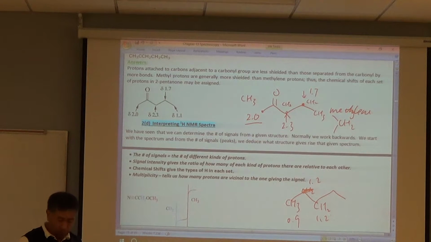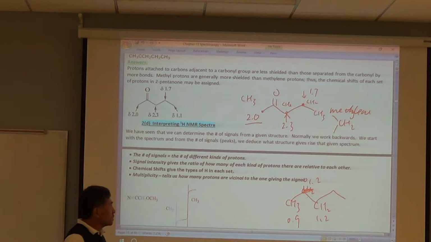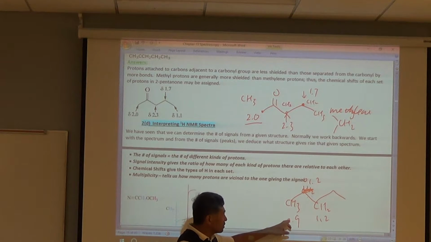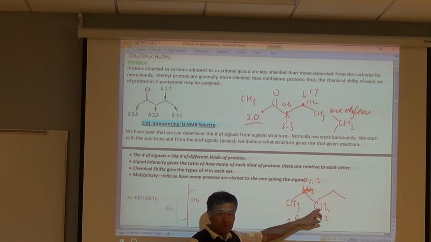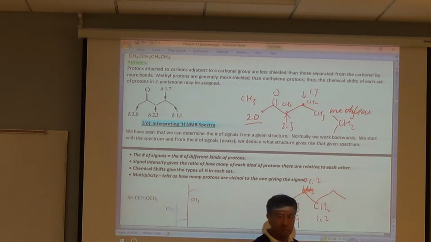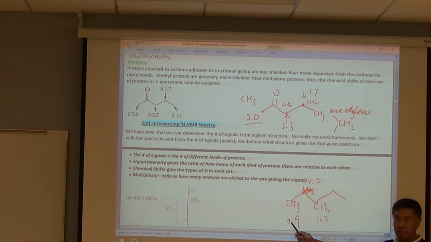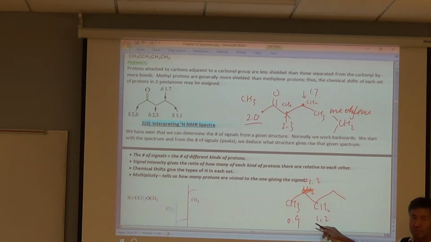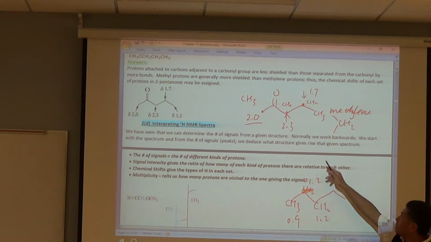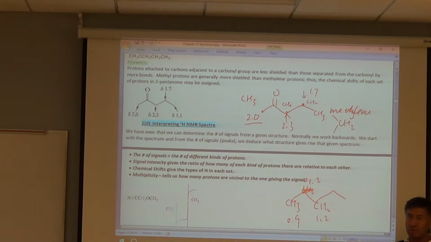Now, if you replace this guy by the carbonyl, you should still have a small number for this part, compared with this one, because it starts with a small number. The methyl is more shielded than the methylene. Without the carbonyl, you have a small number, 0.9, 1.2. You add the carbonyl, you still have a small number, but both of them get larger.